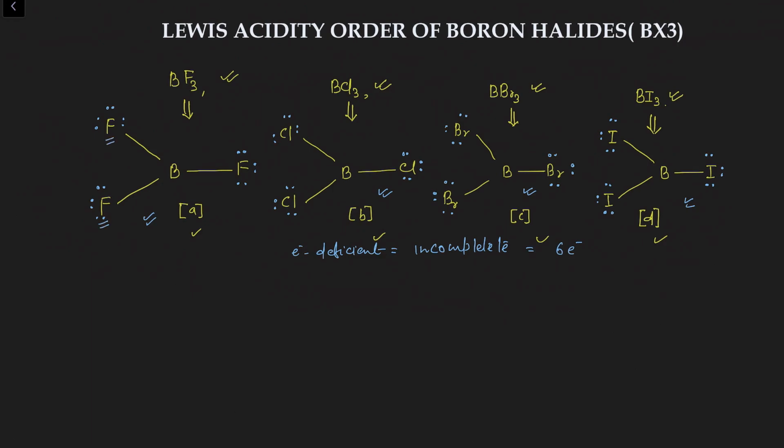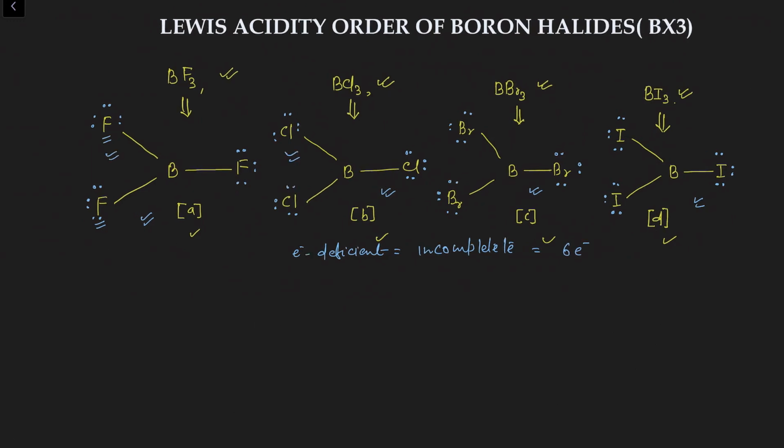If you observe only the electronegativity of the halogen atoms, that is fluorine, chlorine, bromine and iodine, then you will find that fluorine is the most electronegative atom. So BF3 should be the most electron deficient, and BI3 should be the least electron deficient. Why? The electronegativity of iodine is very much less than that of fluorine.